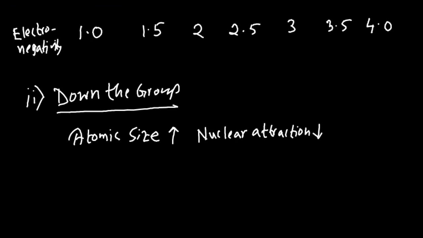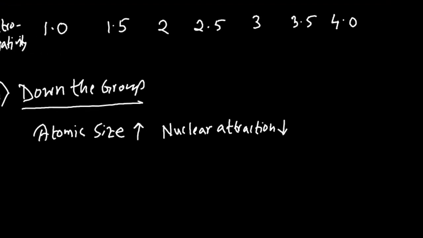So the distance between nucleus and outermost electron has increased. As a result, the nucleus won't be able to pull the outermost electrons to that extent. So the nuclear attraction will go down, and this consequently will decrease the value of electronegativity. So electronegativity will be decreased here.